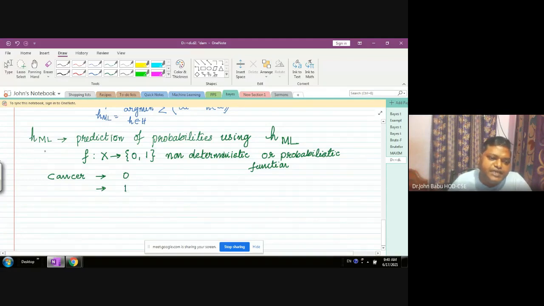Another classification problem is loan approval. We take all the credit history. If the loan is approved, the target value is 1. If the loan is not approved, the target value is 0.